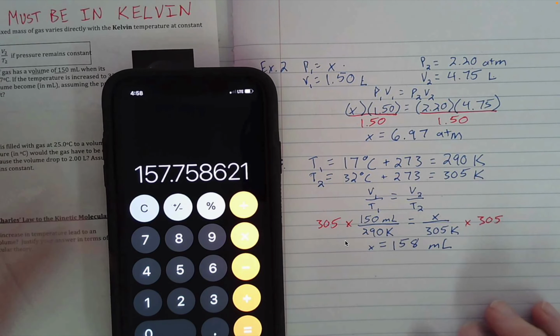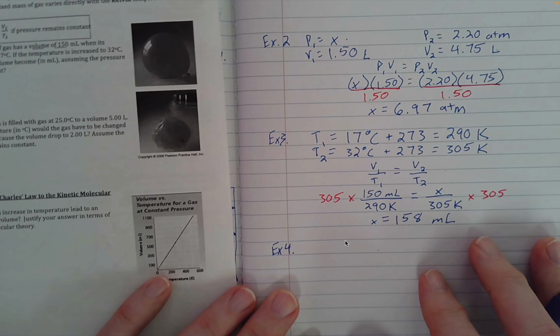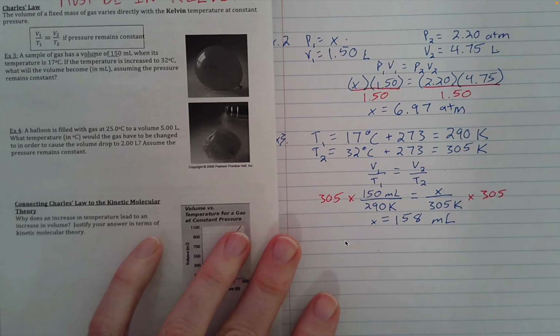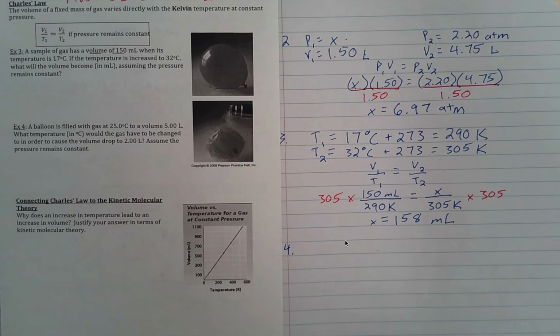Example number 4. A balloon is filled with a gas at 25 degrees Celsius to a volume of 5 liters. What temperature in Celsius would the gas have to be changed to in order to cause the volume to drop to 2 liters, assuming the pressure remains constant?